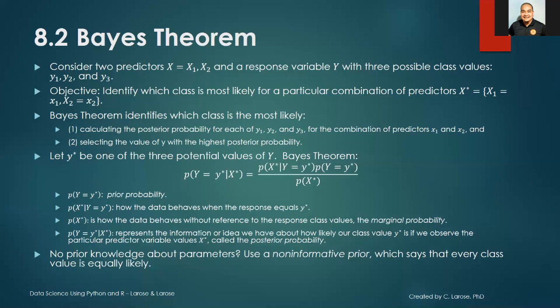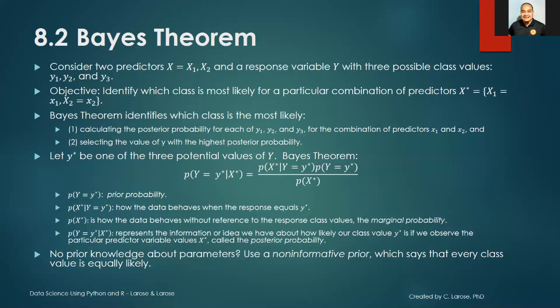Since the information is updated from P(Y = y asterisk) after examining the data, we call P(Y = y asterisk | X asterisk) the posterior probability.